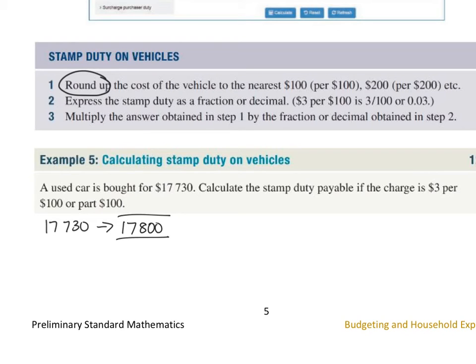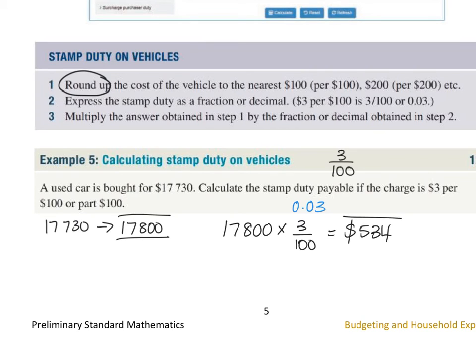Okay, then that amount gets multiplied by $3 for every $100. So that is 3 over 100. So you can multiply it as 3 over 100, or you could multiply it as 0.03, whatever you want. And you should get $534.